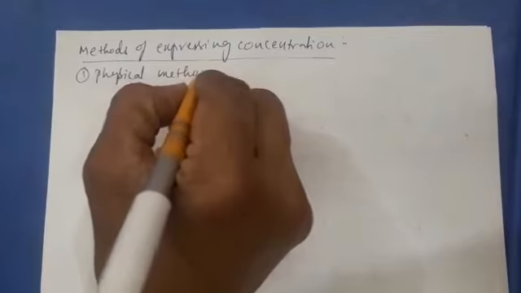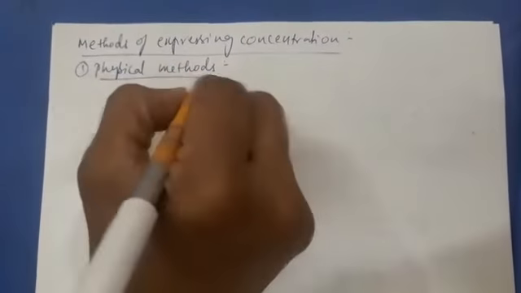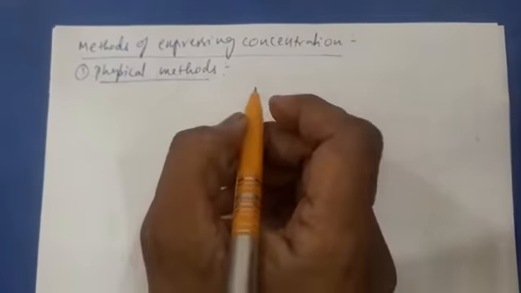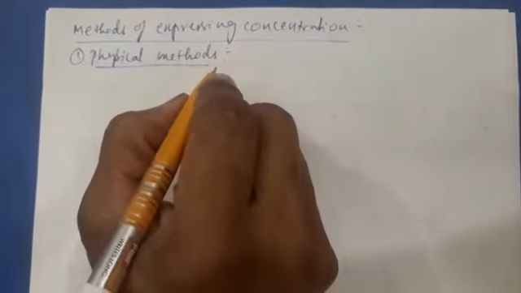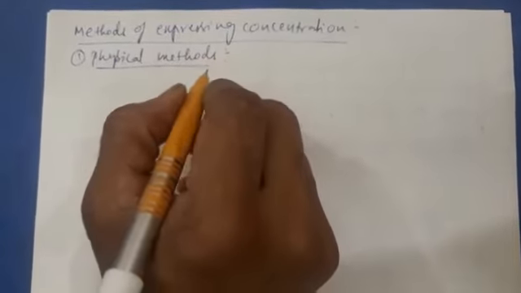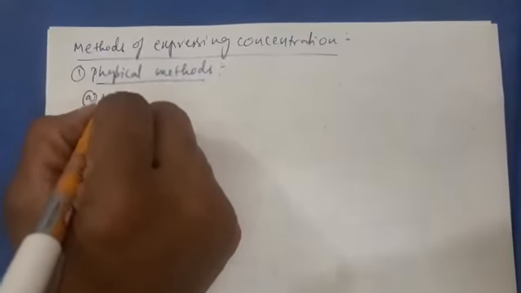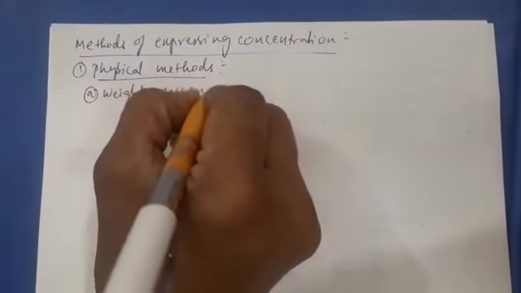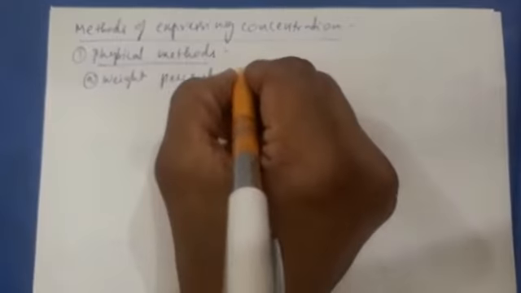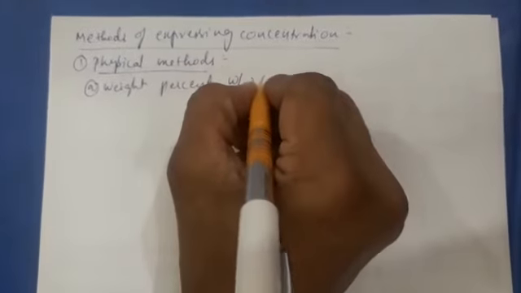Physical methods are used to know the concentration of solutions. In physical methods, the first one is weight percent or mass percent. Weight by weight percent.